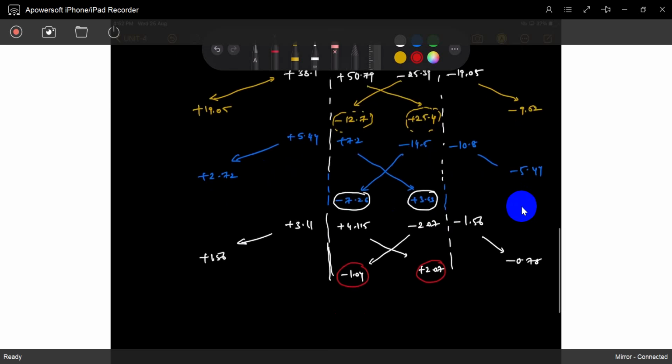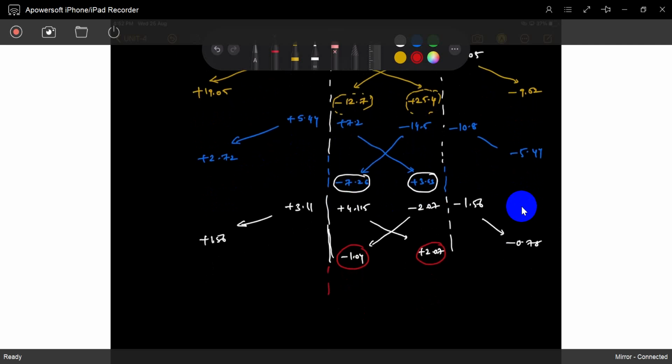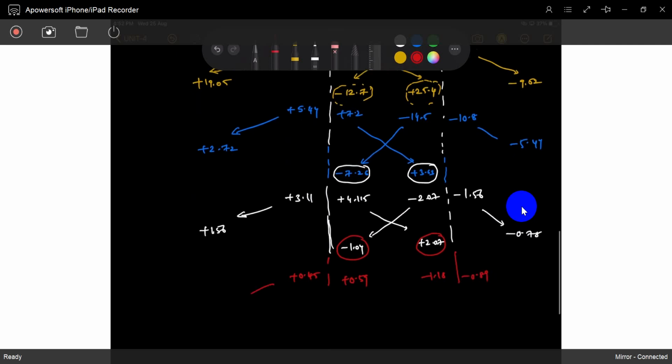We have to reach 0 point something, that's the end. Okay, again we settled it: plus 0.45, plus 0.59, minus 1.18, minus 0.89. So the carryover factors: plus 0.22, minus 0.44.